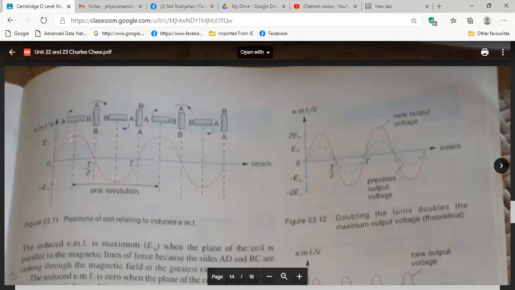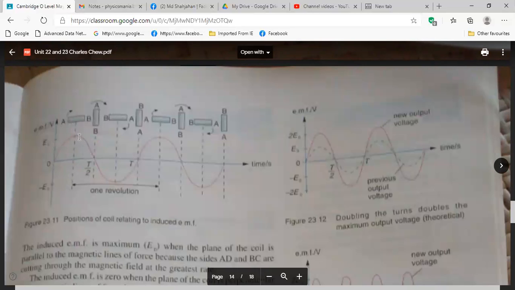It started from 0 and is coming to the maximum. Here magnetic field lines are cutting least, that's why we have less displacement. In the horizontal position AB, we have maximum magnetic field lines cut, that's why maximum EMF is produced. That displacement is maximum, and that is called amplitude.